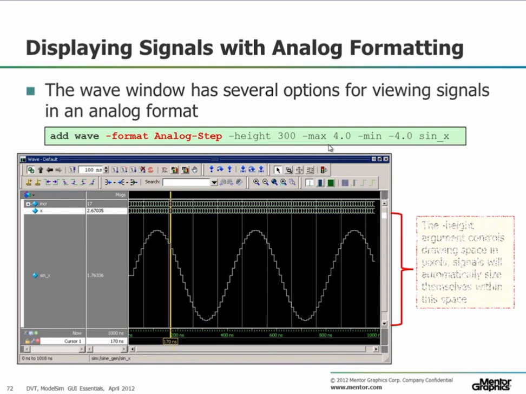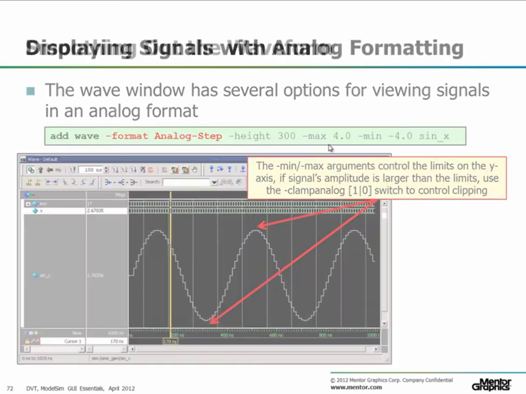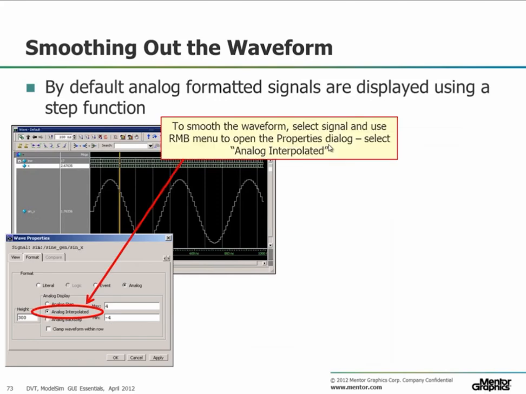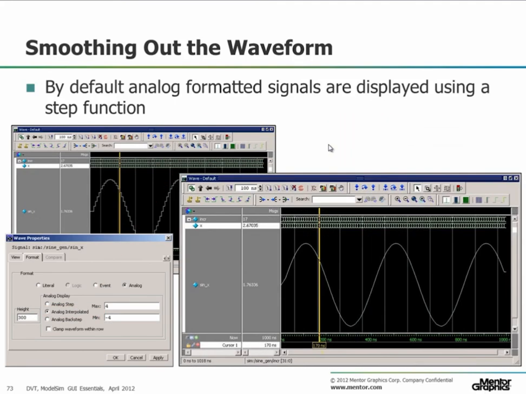If you want to, instead of showing it as discrete times, you can interpolate into analog. So here I've said analog interpolated, and that just gives me a smoother signal. So you can do some interpolation of analog signals, so it displays things that make sense to look at as analog. You can do that.